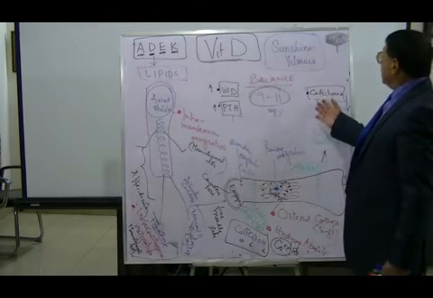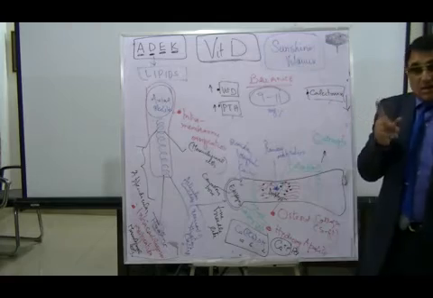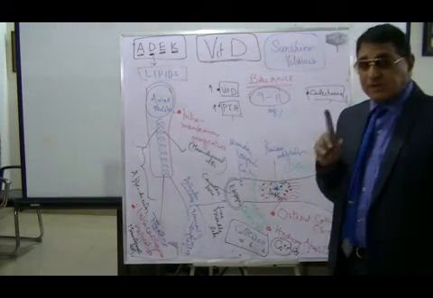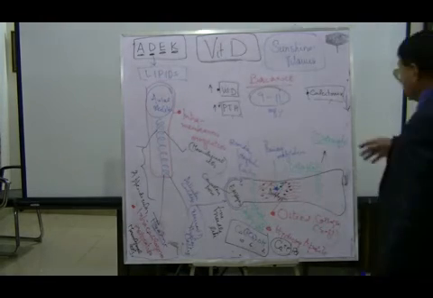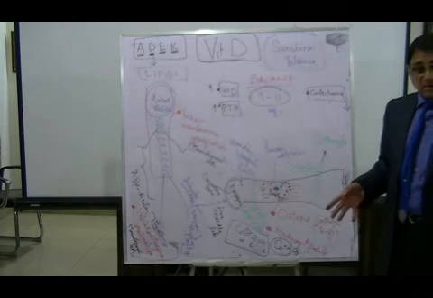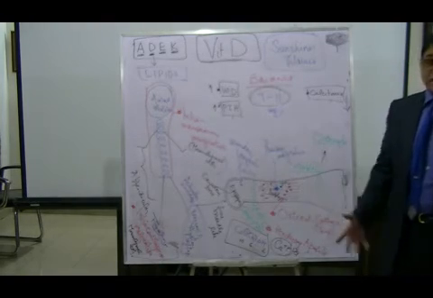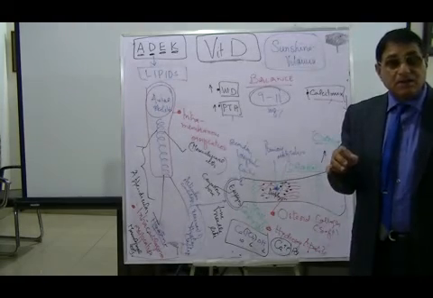Or if the kidney is out of order, because 1-alpha hydroxylation takes place in the kidney, vitamin D is not being activated, so again you've got rickets, but this time because of the kidneys it is called renal rickets.